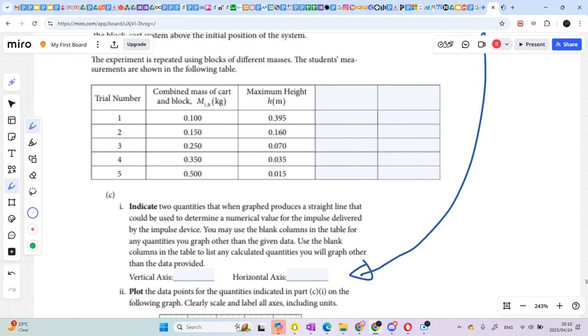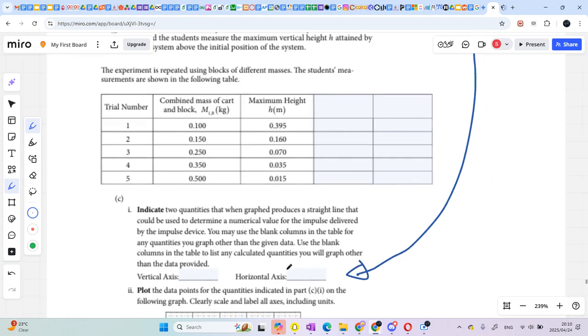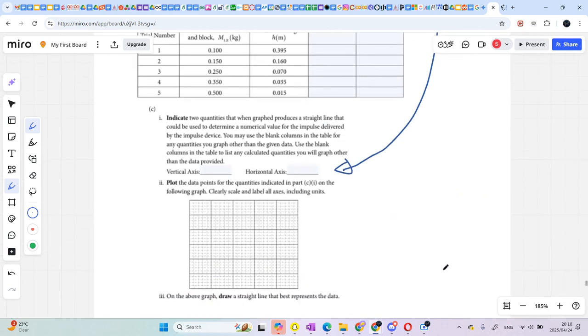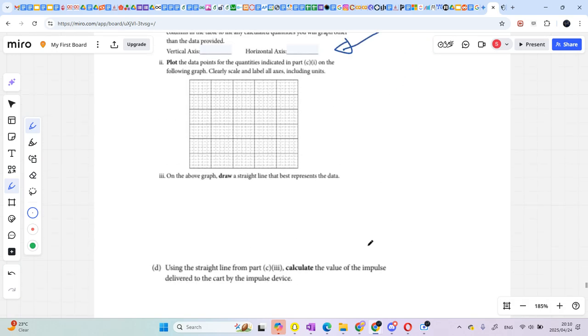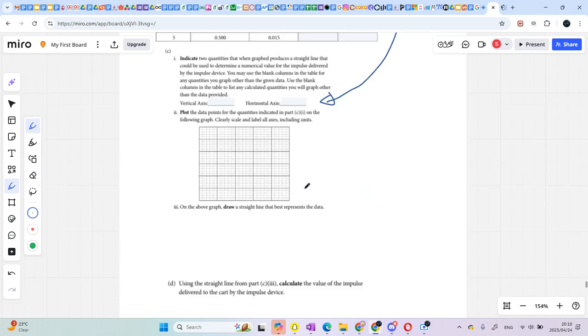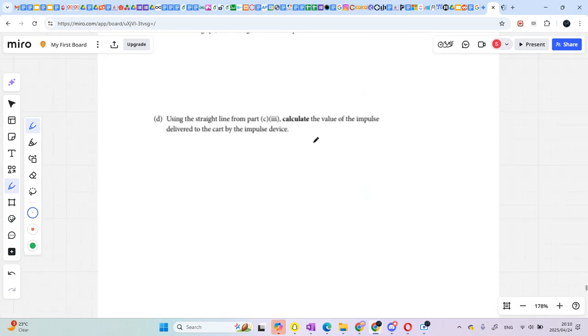One thing that's super helpful when manipulating the slope and the variables is to include units in your slope, because it helps assure you're doing the math correctly. When you graph all this stuff, you're going to draw a line of best fit using your equation, and you're going to be asked to find something.